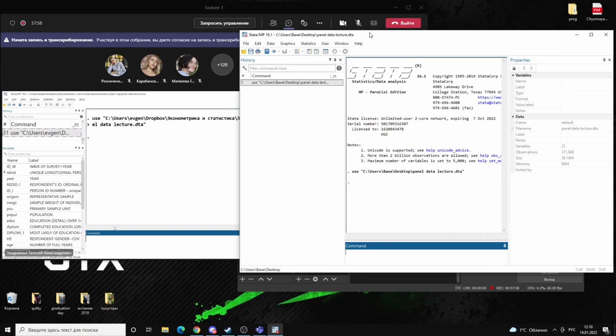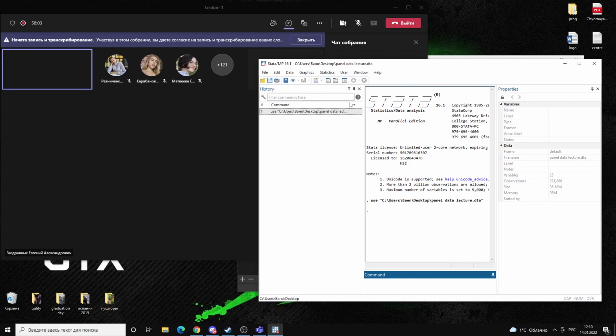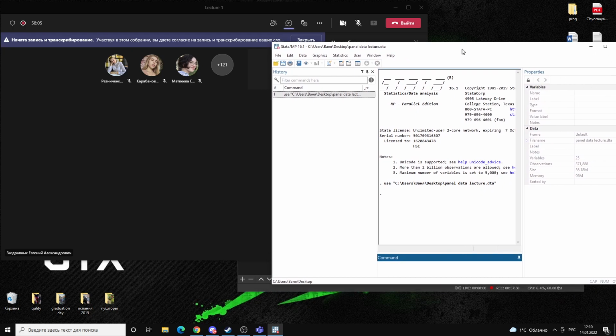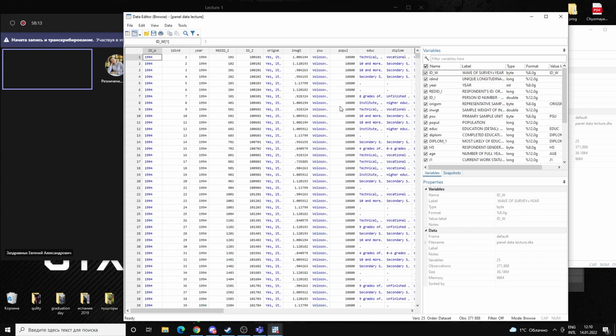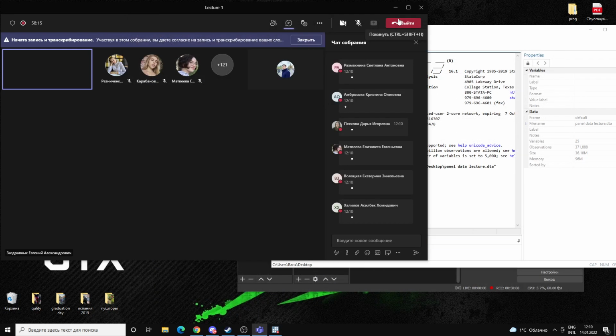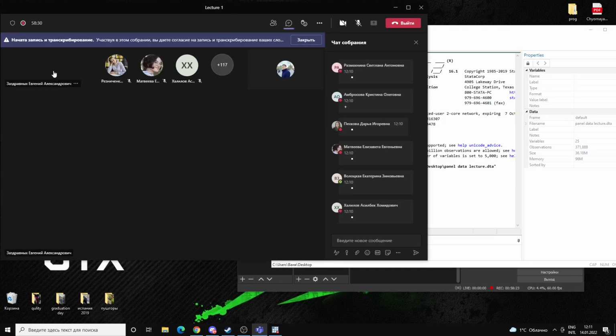Let me share my screen. Now, type browse, and look at what we have when we work with panel data. When we work with panel data, we always have two variables. The first variable is the ID variable, or unique ID, the variable identifying units. This variable shows unique numbers for each person or for each firm.